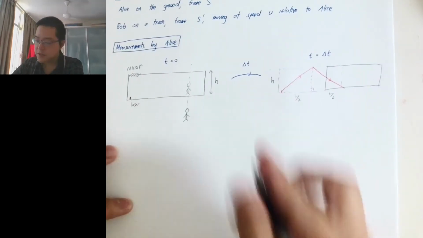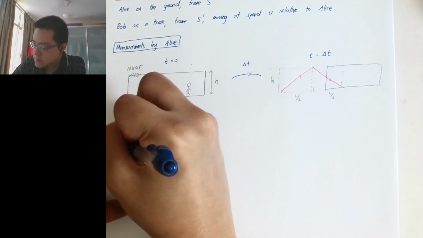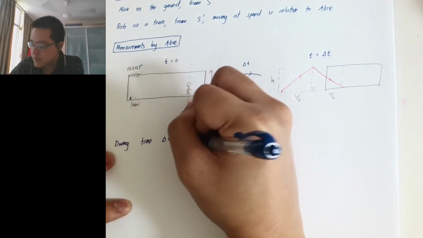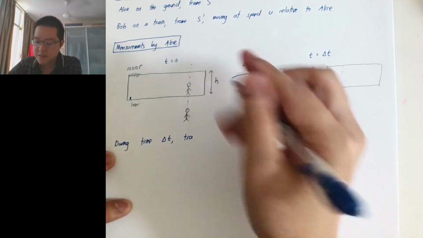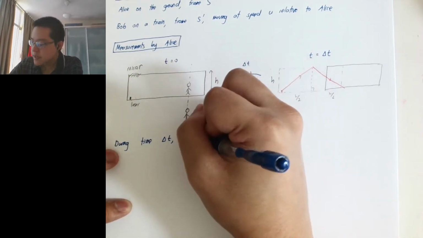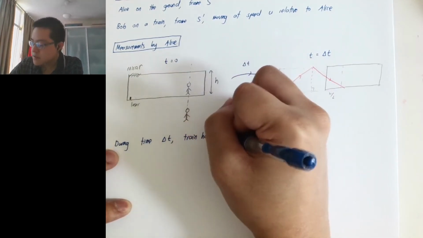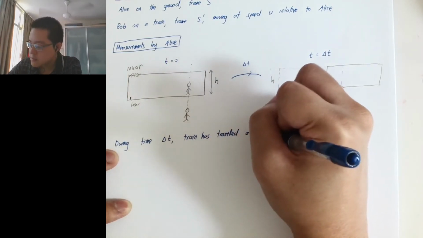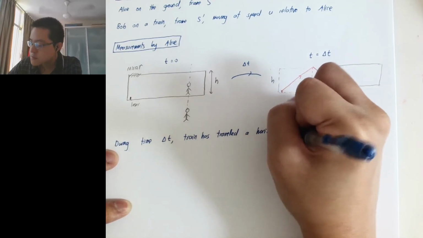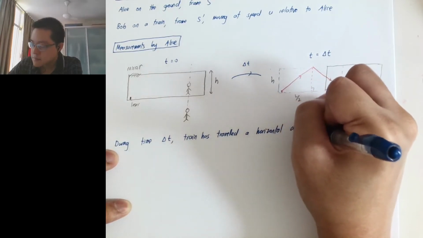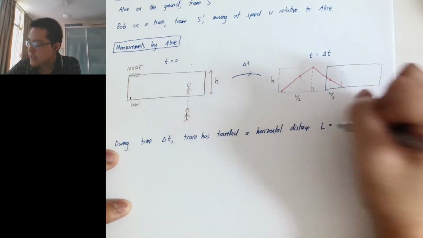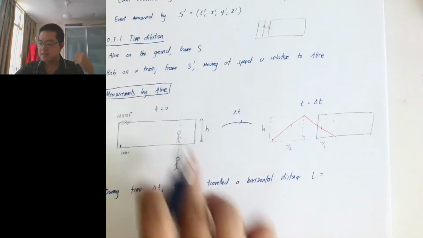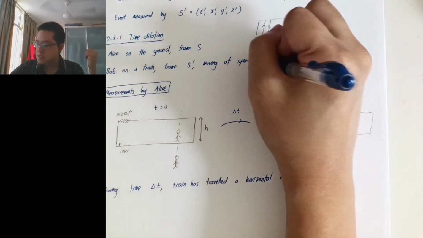So during this time delta t, we can consider the distance traveled by the train. The train has traveled a horizontal distance of L, which we can calculate because the speed of the train relative to Alice is u.